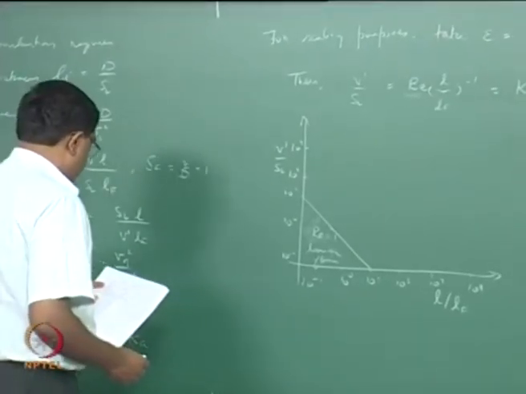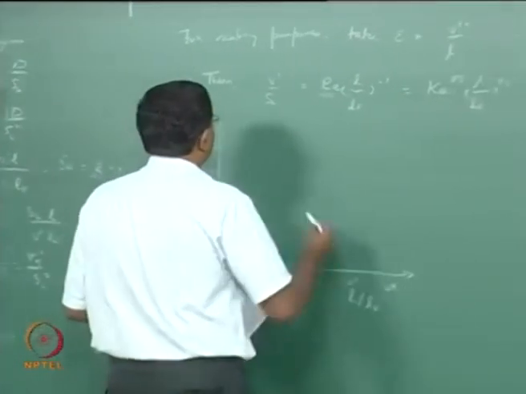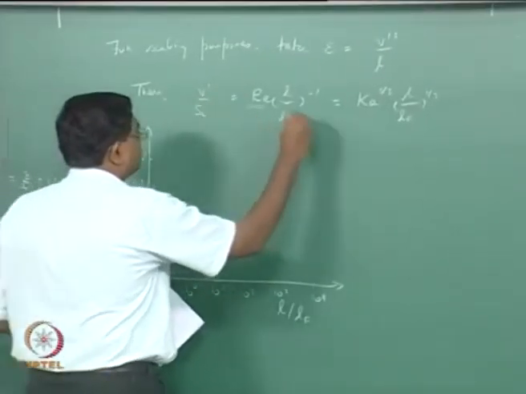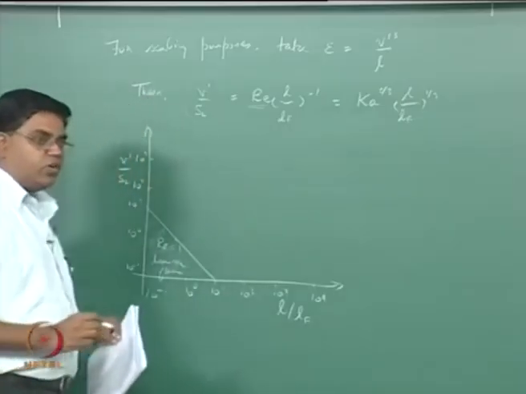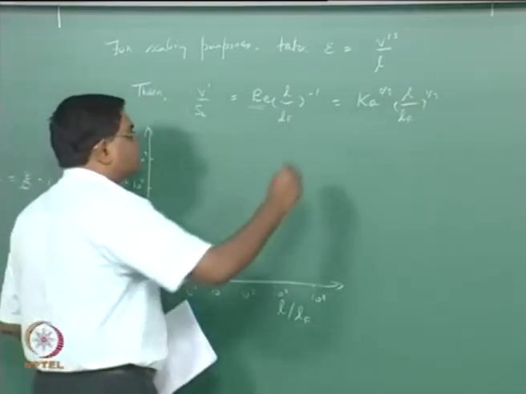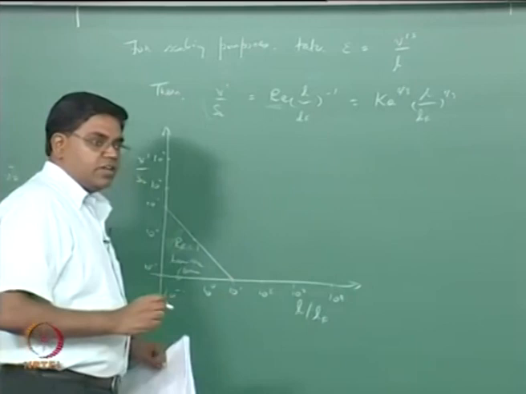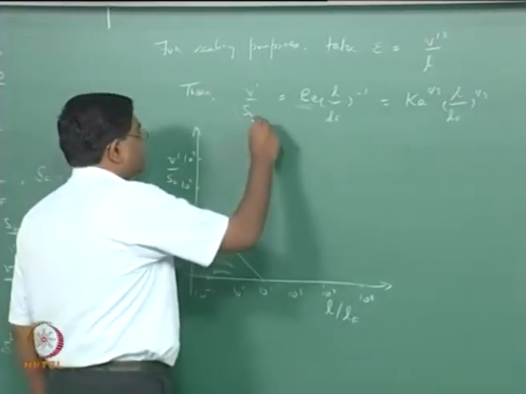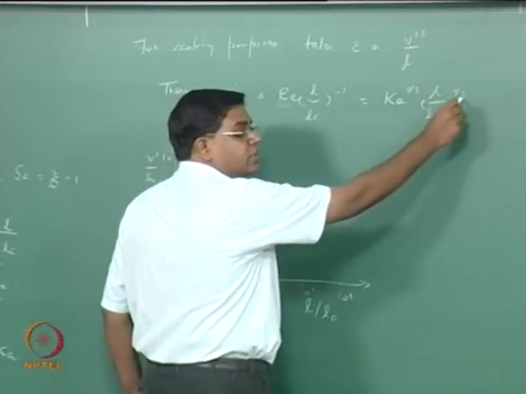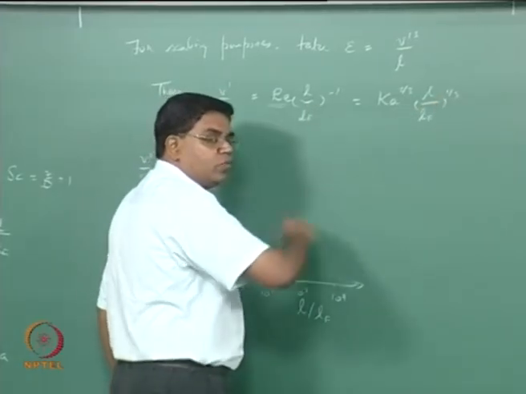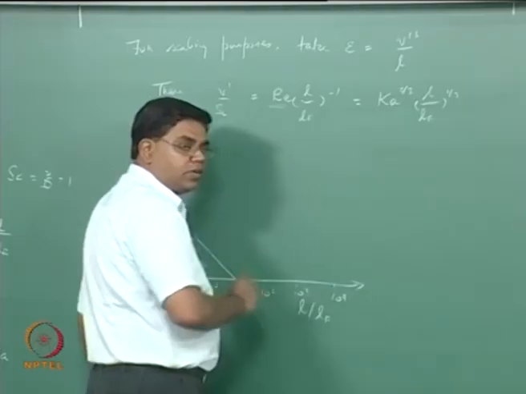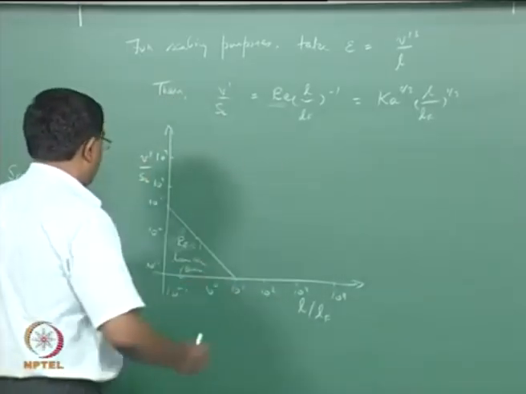Then the next thing that we have to look for is how V prime over SL is related to L over LF through the Karlovitz number. So can we now plot constant Karlovitz number lines? The answer is that V prime over SL goes as the 1/3 power of that, and therefore in a log-log plot it is going to be a straight line with a slope of 1/3, and the line is going to go upwards.